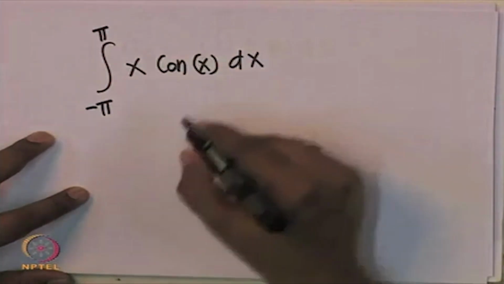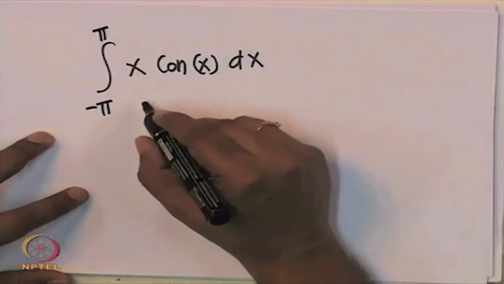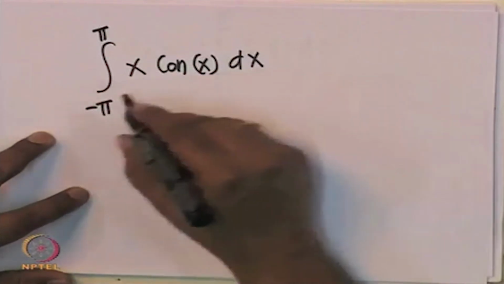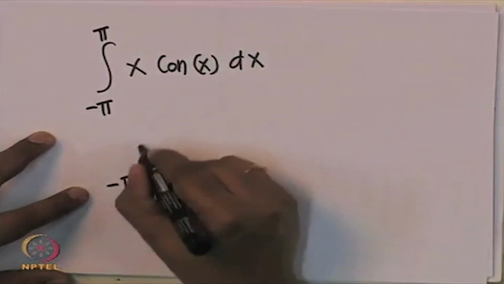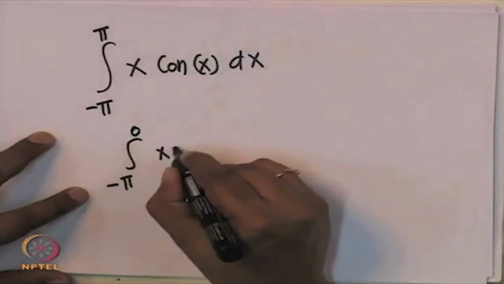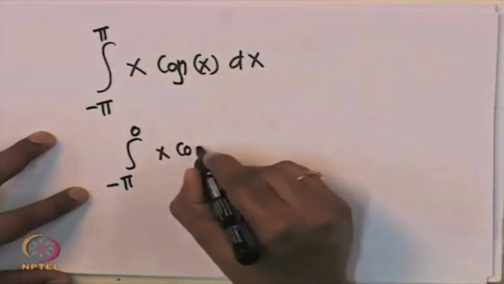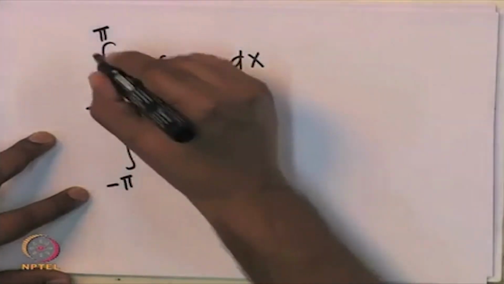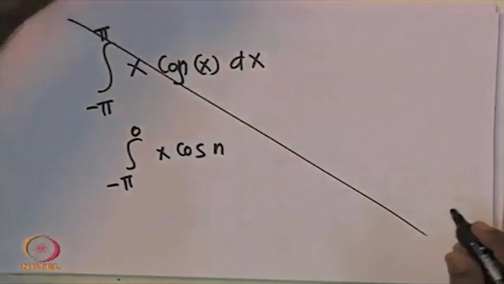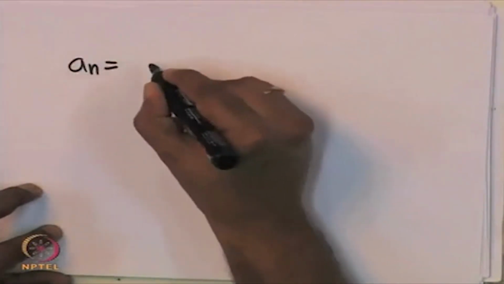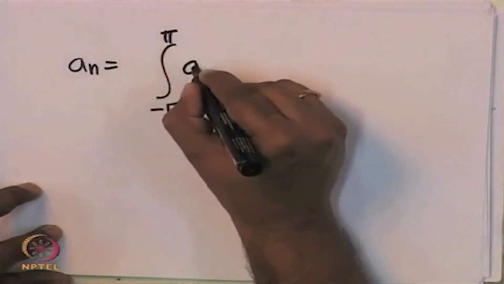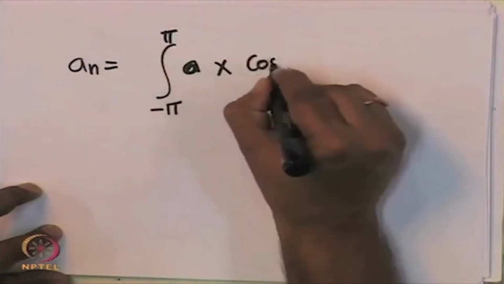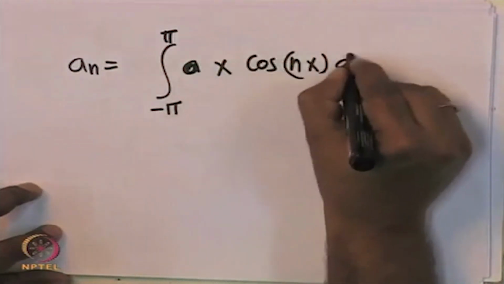Now, we were saying that any function can be split, so this integral can be written as minus pi to 0 x, sorry, this is cos, and sorry, there is an error in this. So, what we should actually write is that a n we want to calculate is the integral from minus pi to plus pi of x cos n x dx.